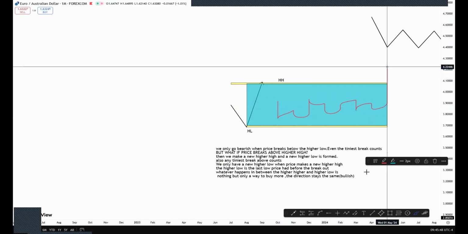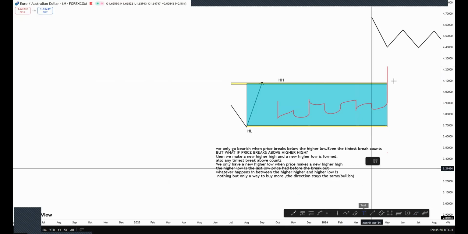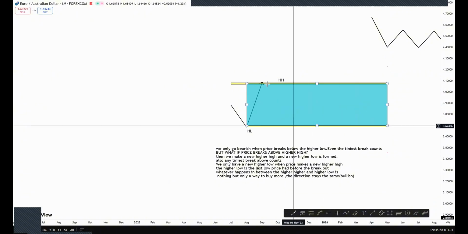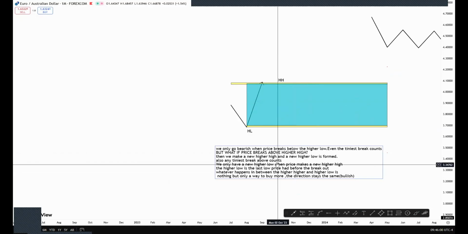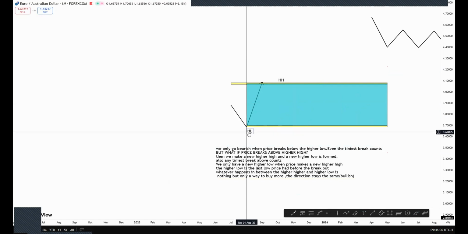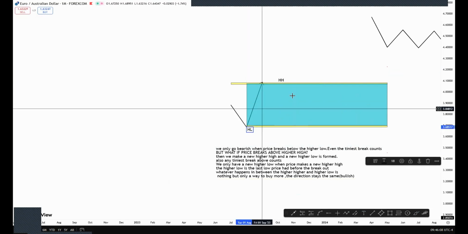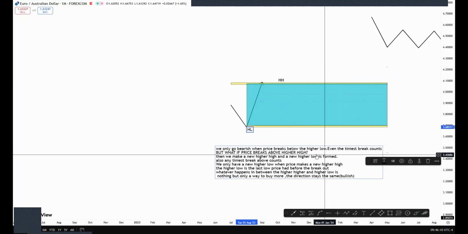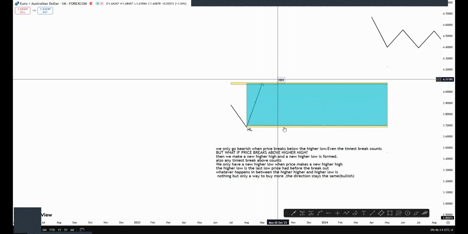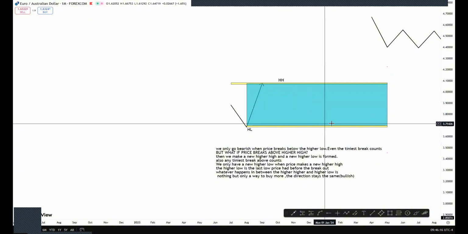You see? Nothing will make this trend shift. And I've told you we only go bearish when price breaks below this higher low. So we are still bullish, and whatever is going on here is of no use to us.